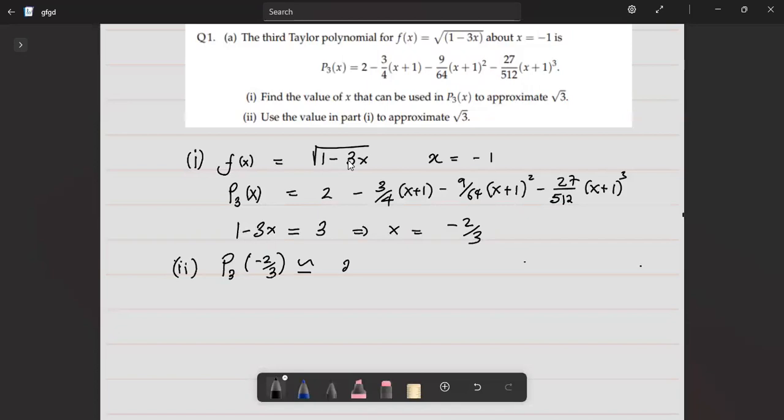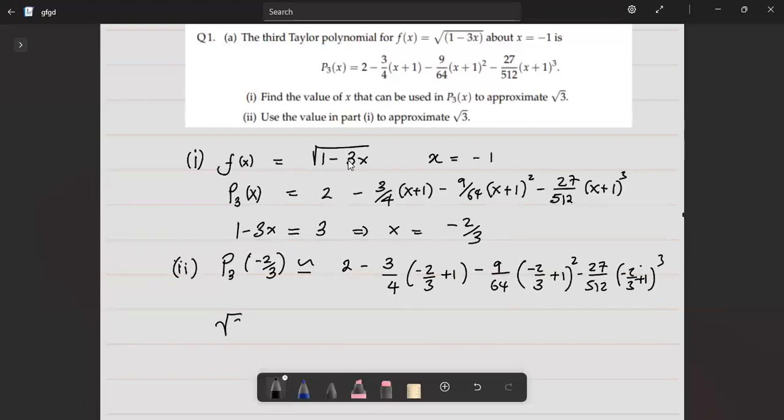So this is equal to 2 minus 3 over 4 times negative 2 over 3 plus 1, minus 9 over 64 times negative 2 over 3 plus 1 squared, minus 27 over 512 times negative 2 over 3 plus 1 cubed.